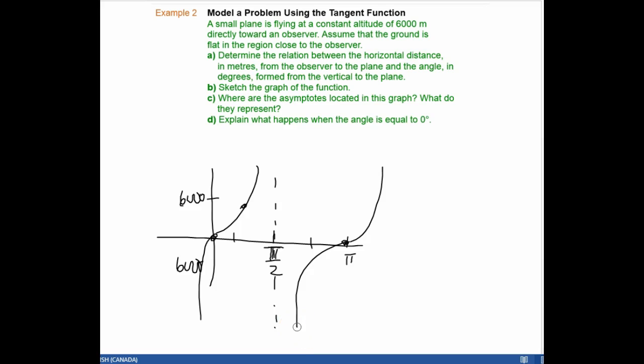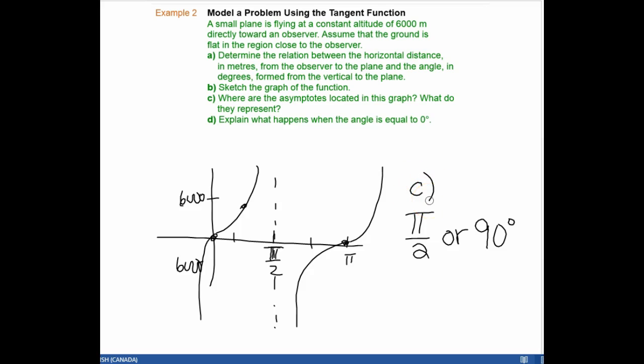Okay, and then C says, where are asymptotes located? Well, I drew it. It's halfway through our period. So we could say it's at 90 degrees or half pi, or pi over 2, right? So pi over 2 or 90 degrees, because those are the same thing.